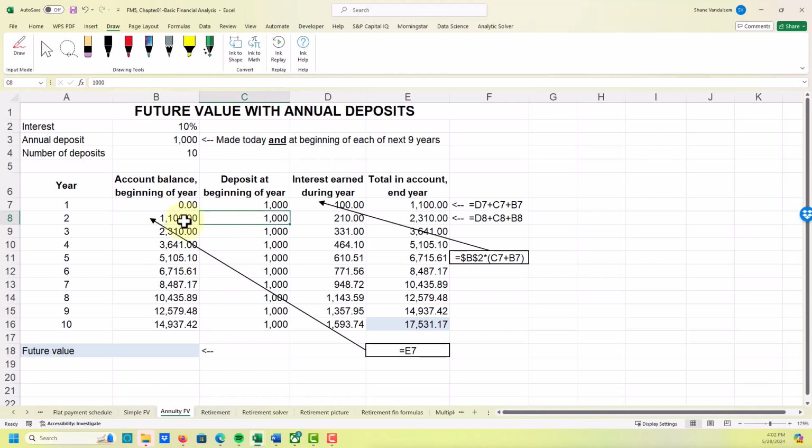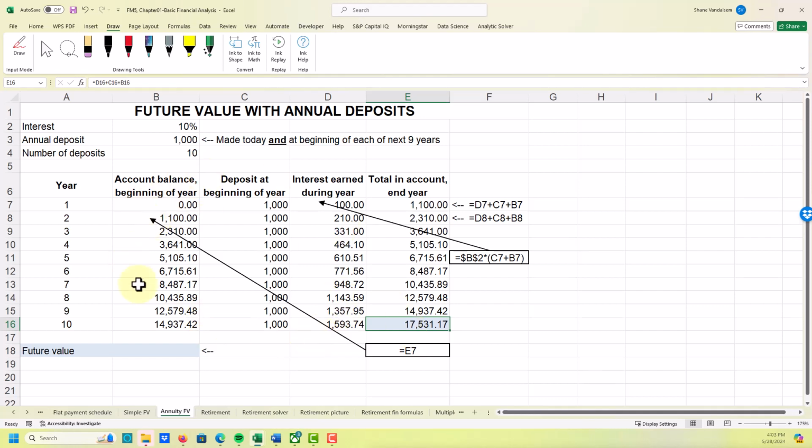So the total amount that we're going to have is $2,100, and we're going to earn 10% interest on that. So at the end of the year, we have $2,310. And we continue to do this for 10 years. And so at the end, we should have $17,531.17.